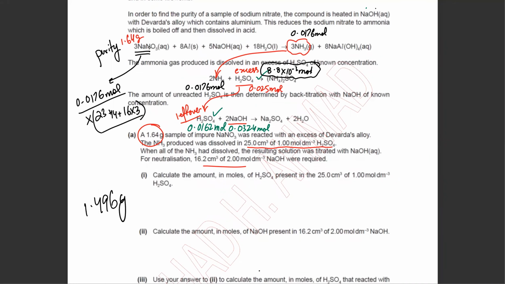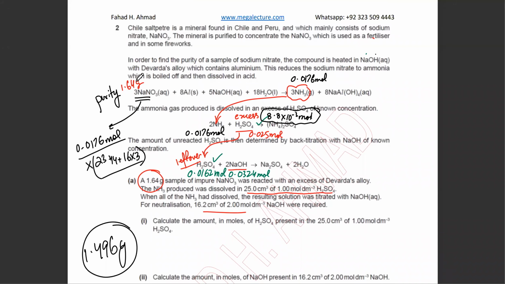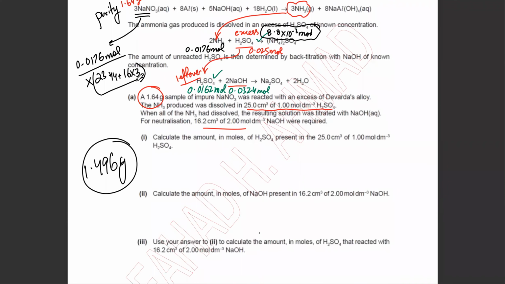And what did he say? He told us it was 1.64 grams. So find the purity, divide that by 1.64 grams into 100. He told us that the fertilizer, bulk whatever NaNO3 you had, was 1.64. We found out that the actual mass is 1.496. So the purity is going to be what?